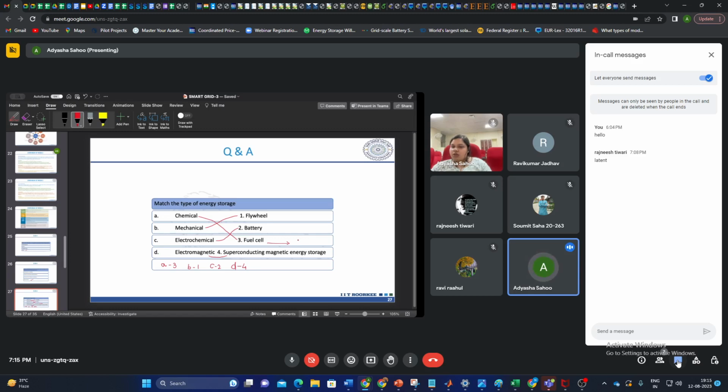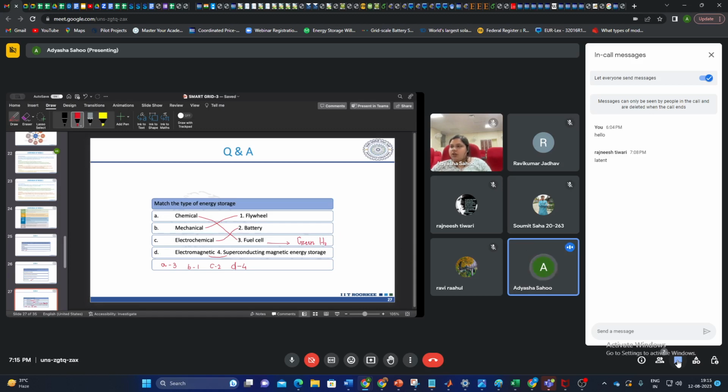So are you aware of hydrogen, green hydrogen as a solution? Even our country has a green hydrogen mission plan.